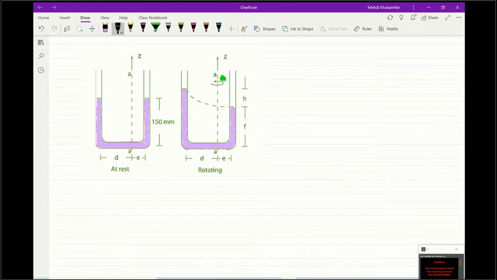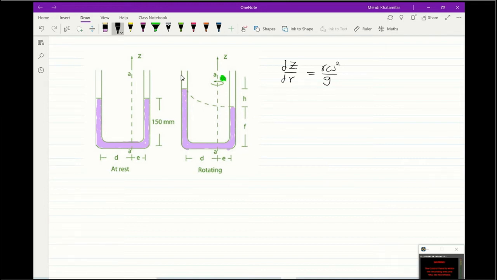Remember from the equations we extracted for the angular motion, we found that dz over dr is going to be r omega squared divided by g.